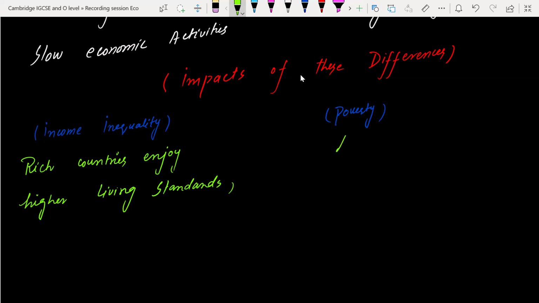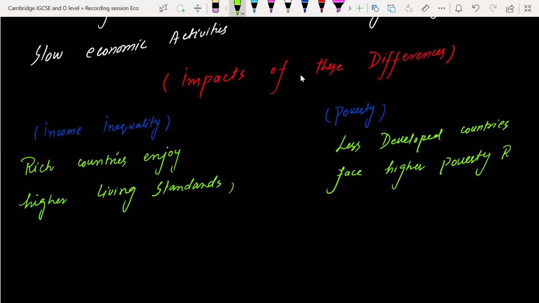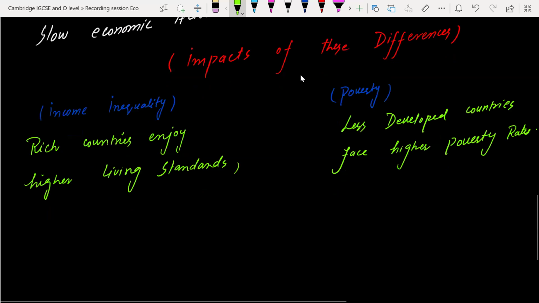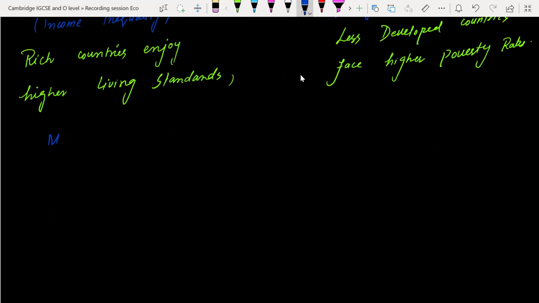Less developed countries have less innovation and face global trade imbalance.